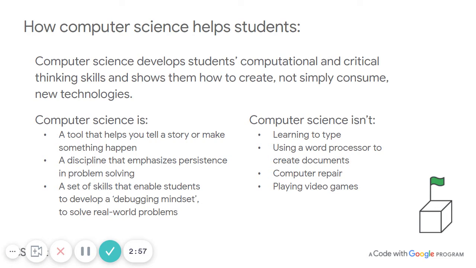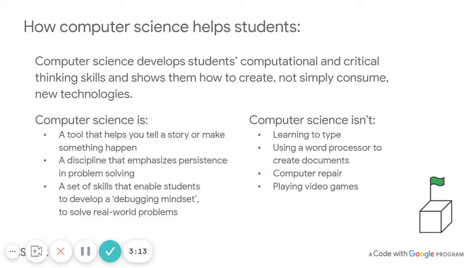So, what is computer science? How computer science can help our students. So computer science develops our students' computational and critical thinking skills and shows them how to create, not just simply consume or be consumers of the technology.